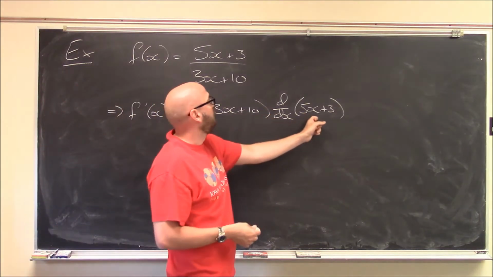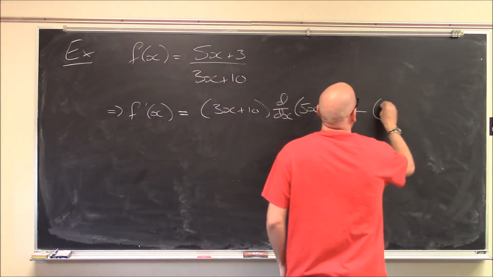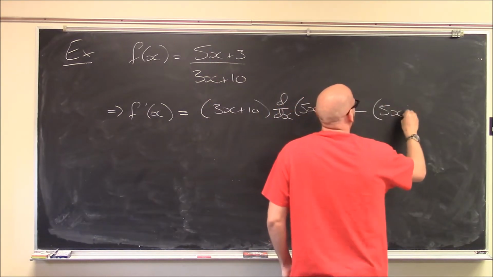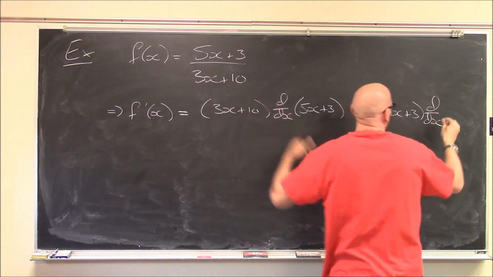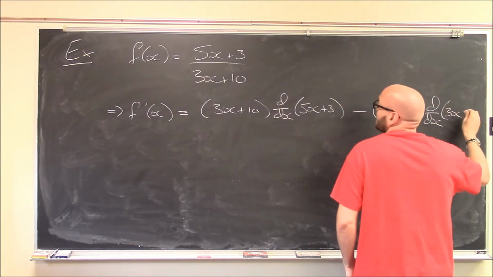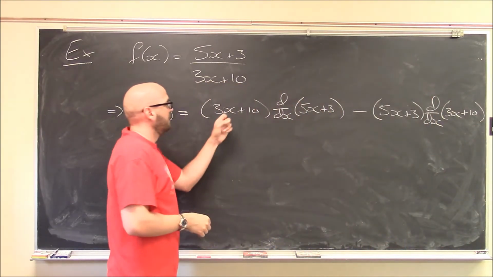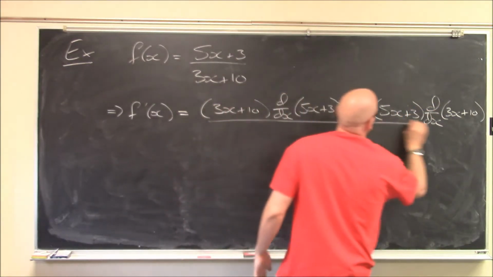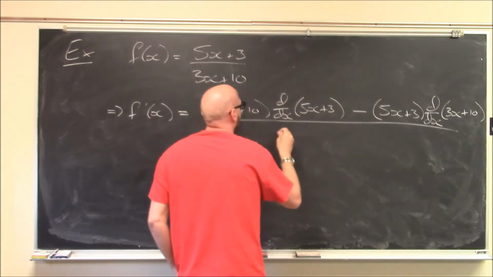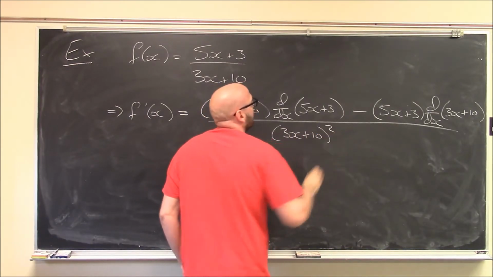This just says the derivative of the top minus the top, 5x plus 3, times the derivative of the bottom. Derivative of 3x plus 10. Right, so low d high minus high d low over, don't forget this piece, over low squared, over 3x plus 10 squared.